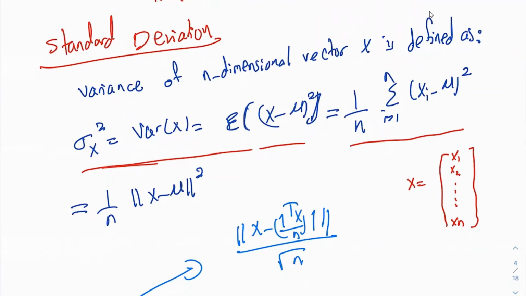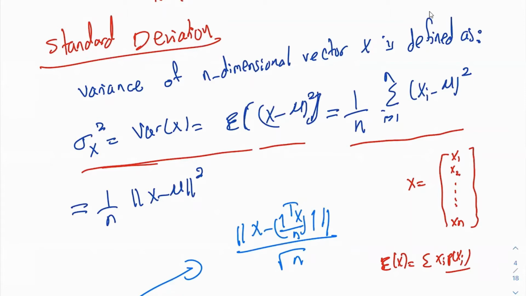Otherwise, the expectation in general is defined as the sum of xi times p of xi. But here it is 1 over n, and therefore you get 1 over n times the sum from i to n of (xi minus mu) squared. So in a sense, we are treating a vector like a random variable, but with equal probabilities.